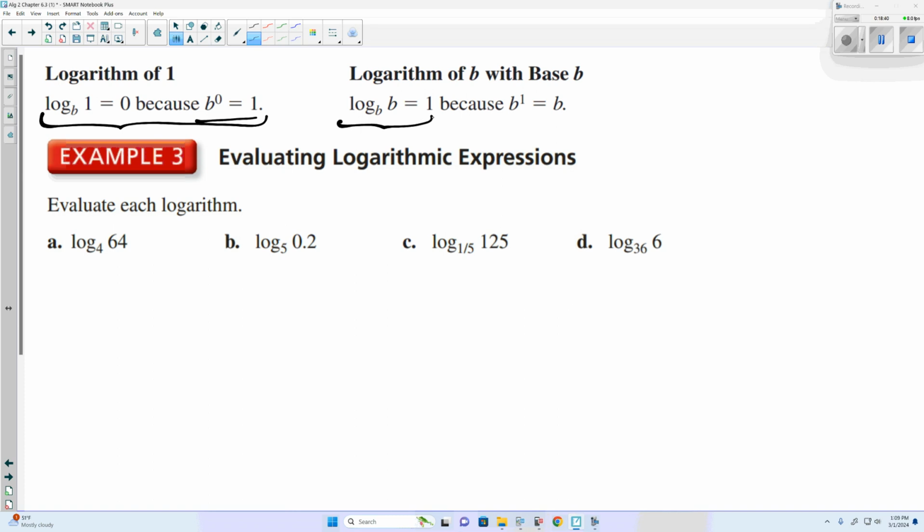Because if we wrote log base B of B in exponential form, it's just B to the first equals B. When we start solving and working these, log base B of B simplifying to 1 is going to be very helpful, and when we get our other properties, this is going to be helpful.